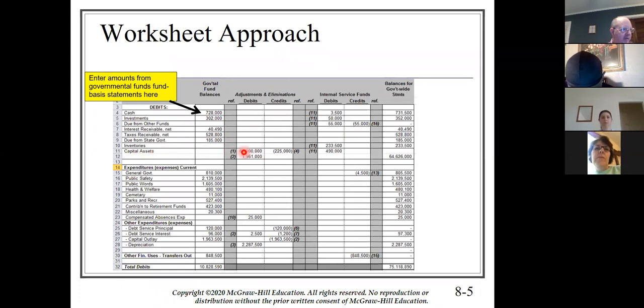So here they're adding them in. And they would have to deduct accumulated depreciation from it. Then they add in the internal service fund. To get the total.